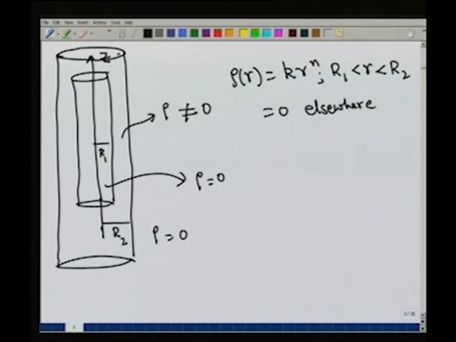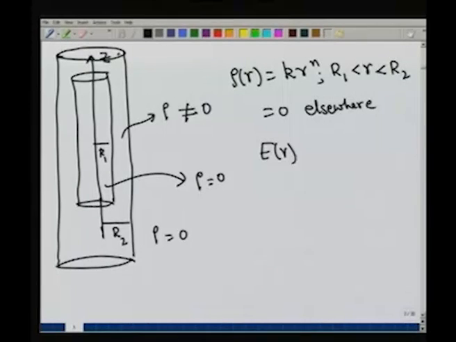So you see, the problem is paralleling the earlier problem of spherical symmetry. You have to construct a Gaussian surface involving cylinders and not spheres in this particular case. The only care that you have to take is that you cannot choose the potential to be 0 at infinity. Because I have taken the cylinder to be infinitely long, what we have to remember is that my field goes like 1 over r for large values of r.